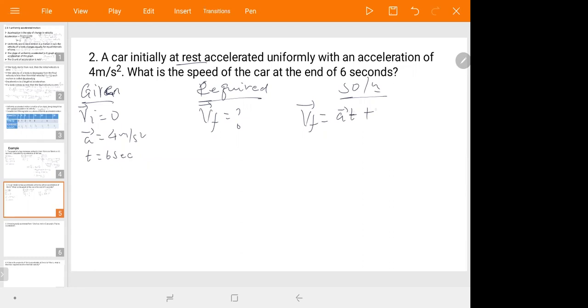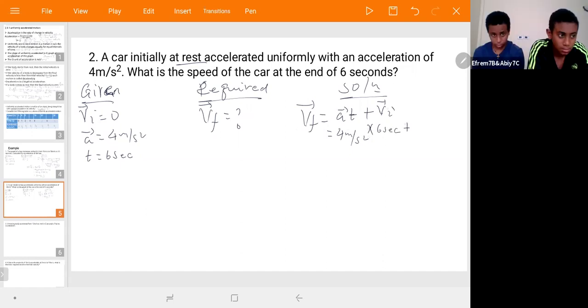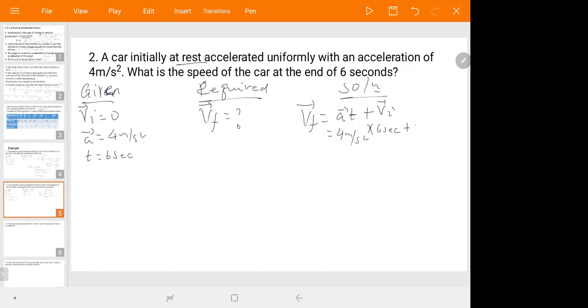Look, your acceleration is 4 meters per second square, times your time, 6 seconds, plus your initial velocity, which is 0.